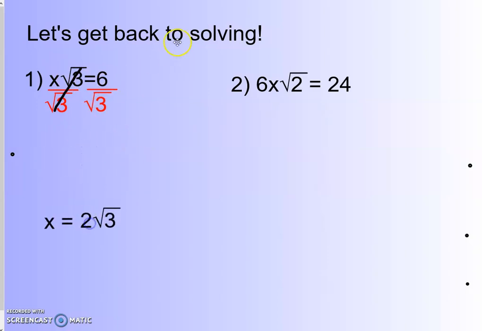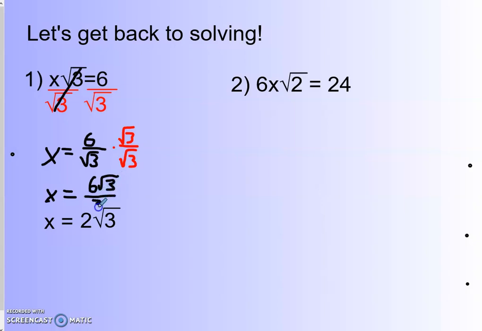And again, there are some intermediate steps you probably took, such as x equals 6 over radical 3. You probably multiplied by radical 3 over radical 3. And that gave you x equals 6 radical 3 in the top and just a plain old 3 in the bottom.